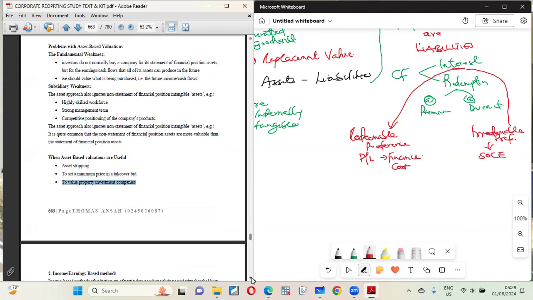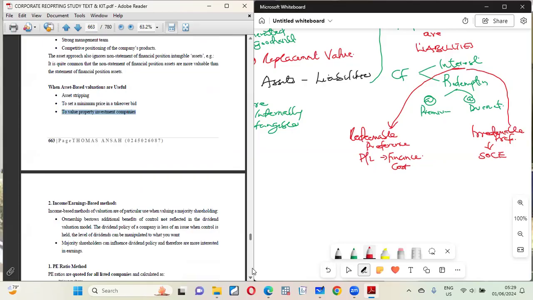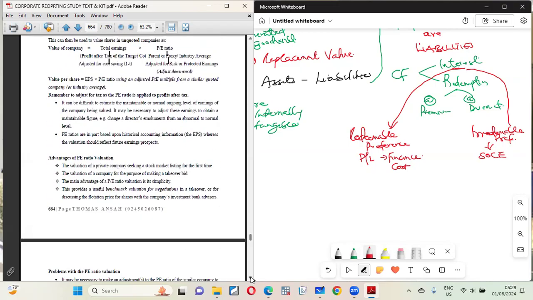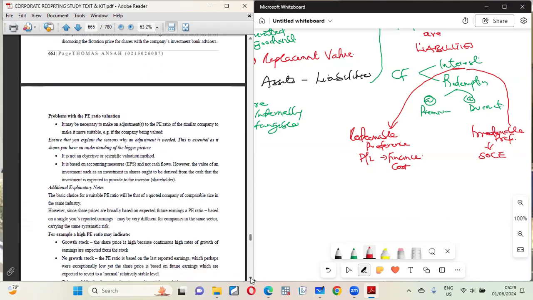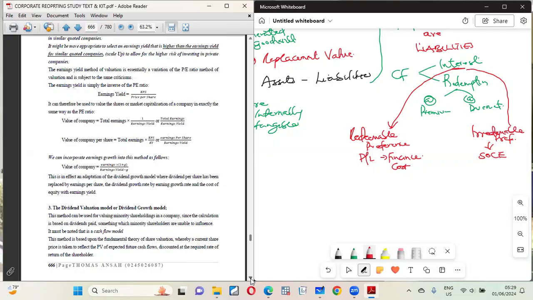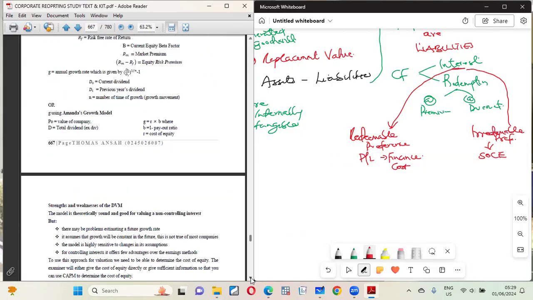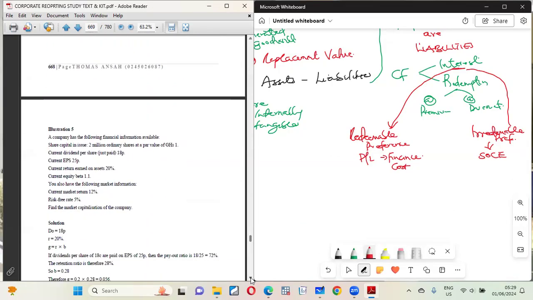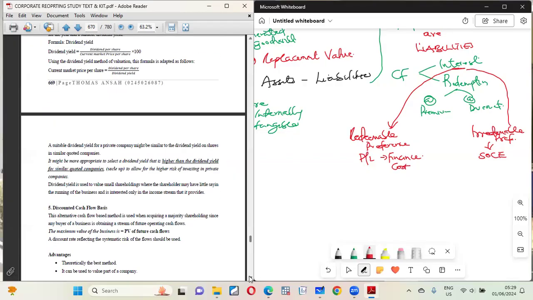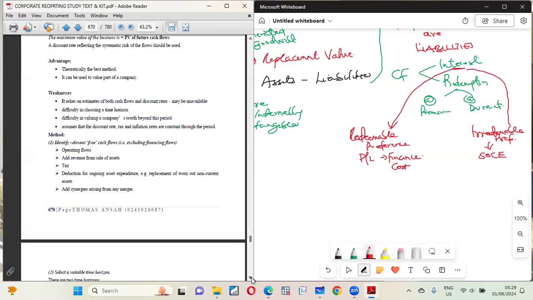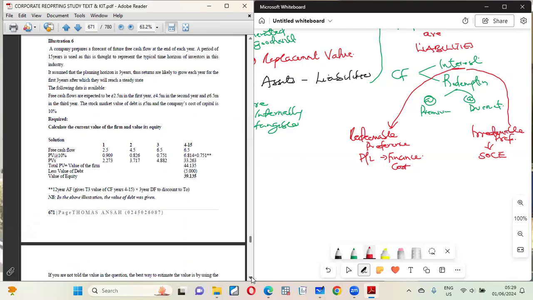So now let's look at how the figures work, or better still, let's look at the other methodologies. And once we finish with the other methodologies, then we zoom into the computations. So this is what I will do.